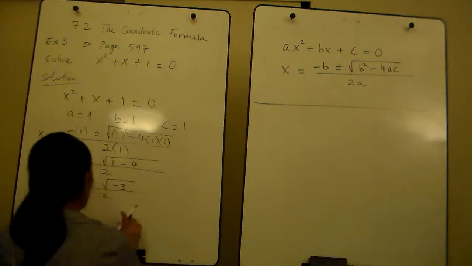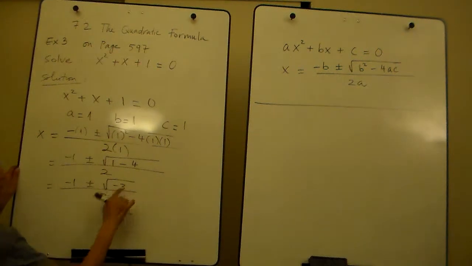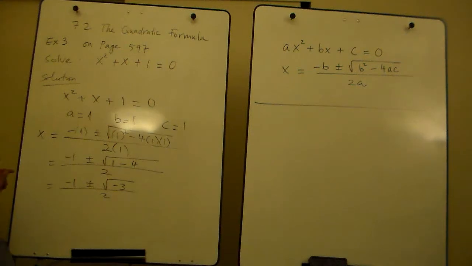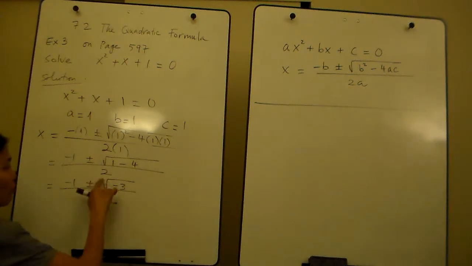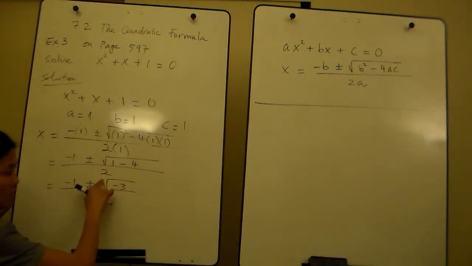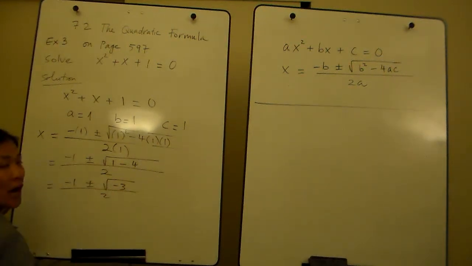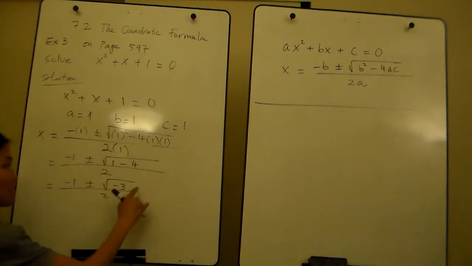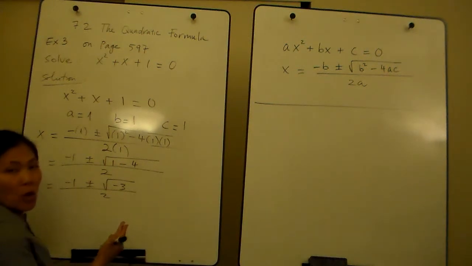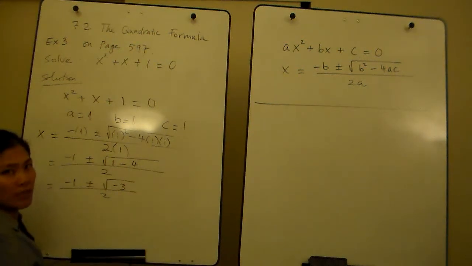Now, we learned that the square root of a negative value does not exist as a real number, or a negative radicand of any radical with even index will not exist as a real number. So that means we're going to express this as a complex number.